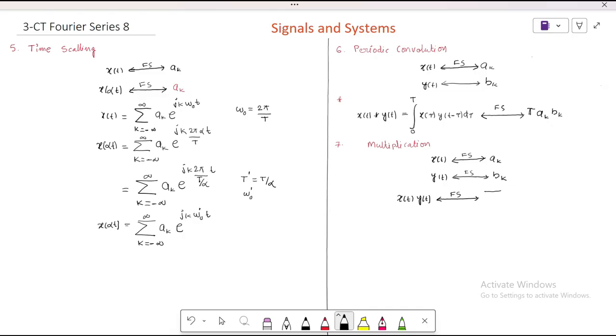Here I'm directly applying convolution, changing the variable to al and bk minus l. ak and bk are not periodic, so you should take the limits from minus infinity to plus infinity. If it is periodic, you take the limits over one period only. So this is about the multiplication property.